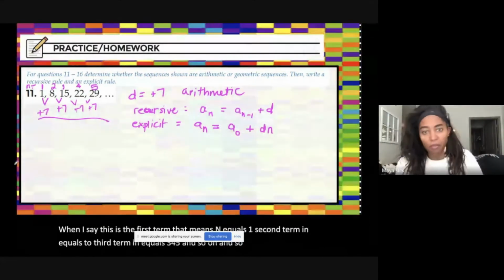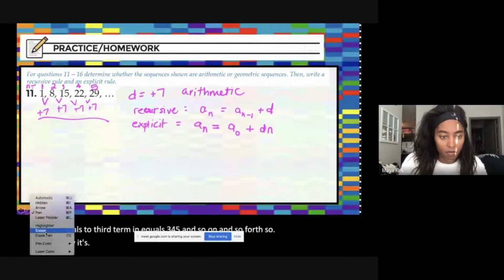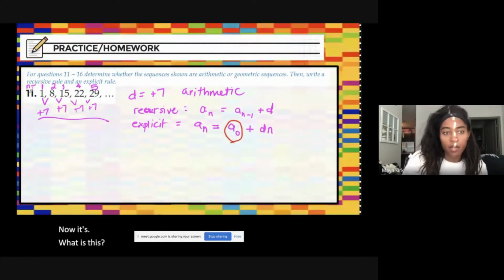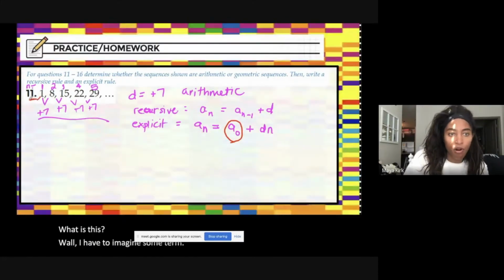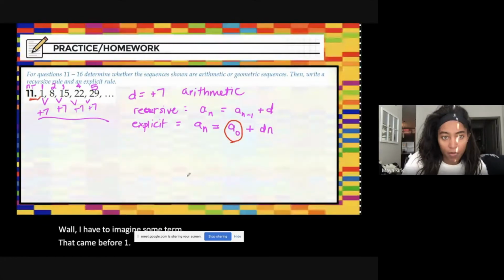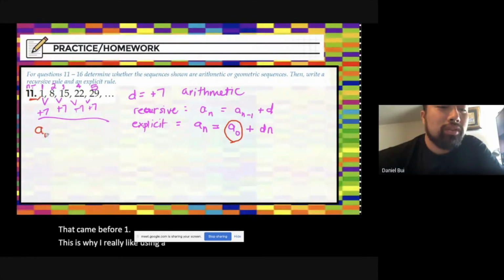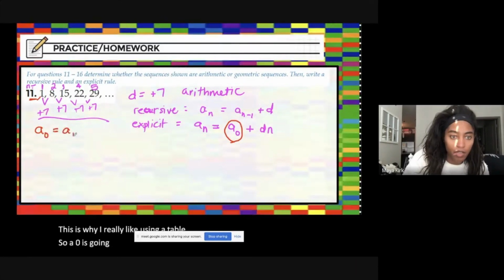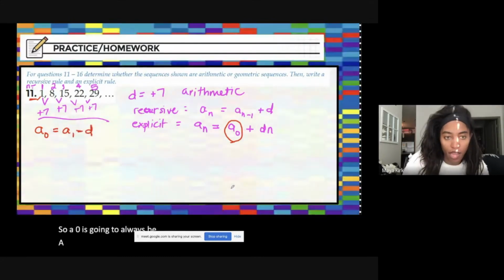So now it's like, well, what is this? Well, I have to imagine some term that came before 1. This is why I really like using a table. So A0 is always going to be A sub 1 minus D every single time.